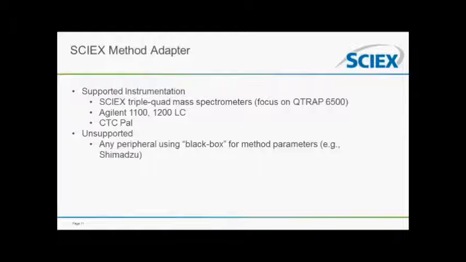And so we settled on the Sciex blue line of instruments and the Agilent 1100, 1200 series of LCs, also the CTC PAL. We made this decision mainly because these are the devices that the Analyst software really does interact with, rather than just pass on that block of parameters without understanding it.